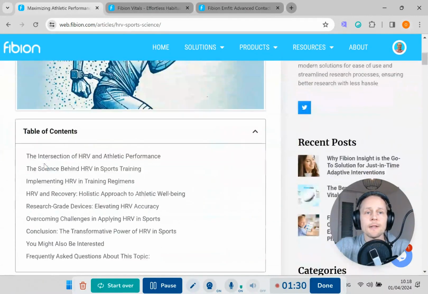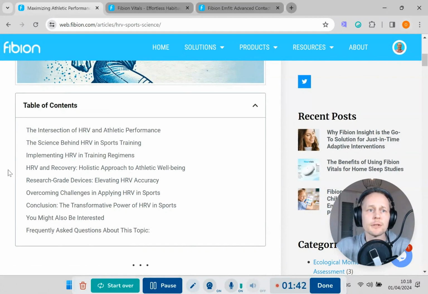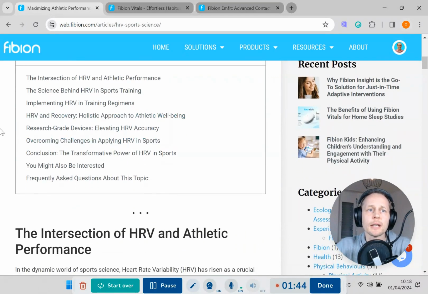And let's get into the topic. So we will be covering the science behind HRV in sports training, looking into implementing HRV in training regimens, and also looking at HRV and recovery. So especially recovery during the night, which is a very good indicator and easy to measure during the night.